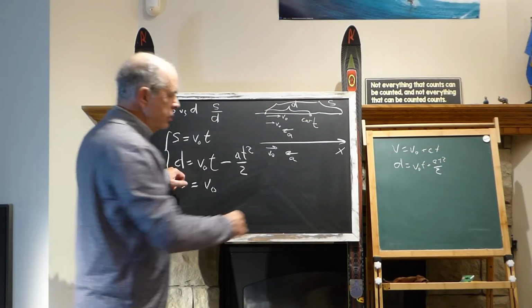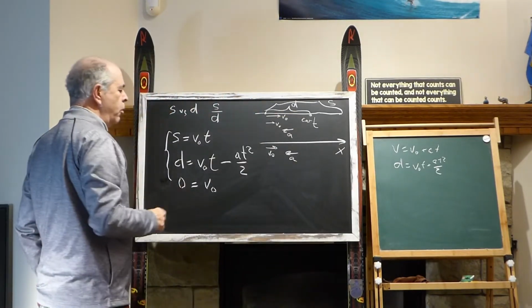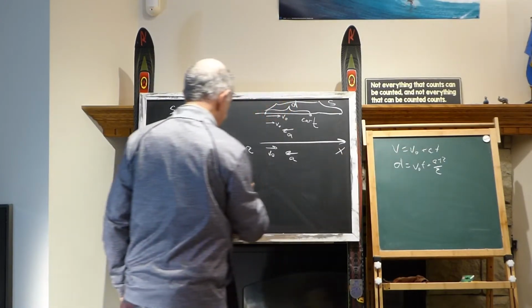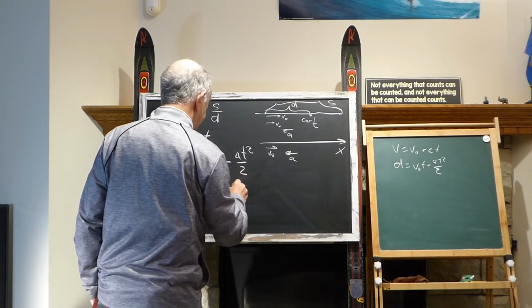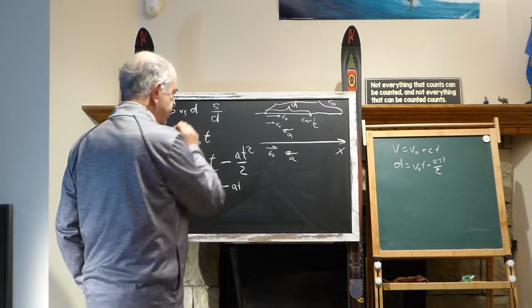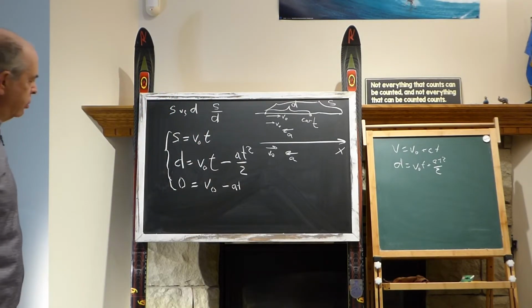This we already used, so let's use this one. The moment when it stops, it's 0. 0 equals v0 plus, it's minus, because it's directed that way, minus at. And so these are three equations. Physics stops here, and fortunately it's very easy to do.